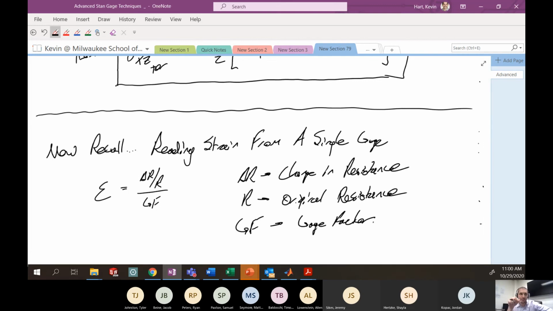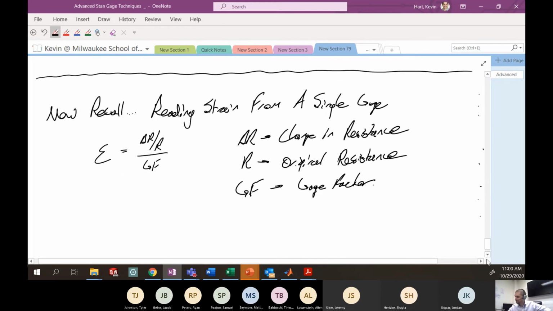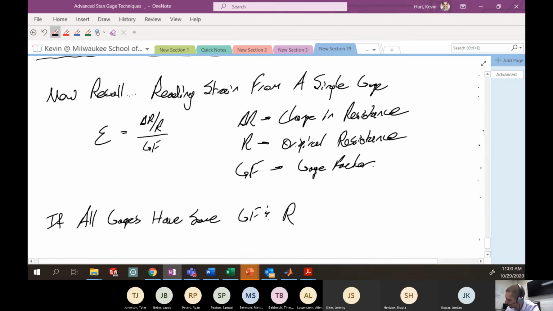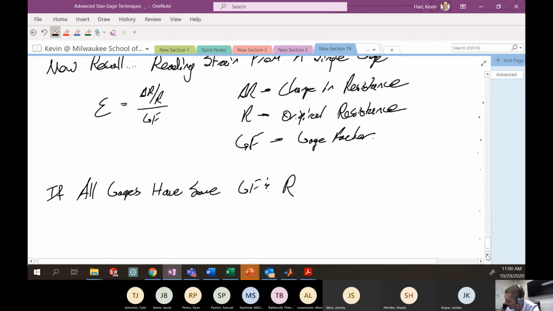If we have strain gauges on our piece that all have the same initial resistance and all have the same gauge factor, we can do some simplifications. They have the same gauge factor and initial resistance.